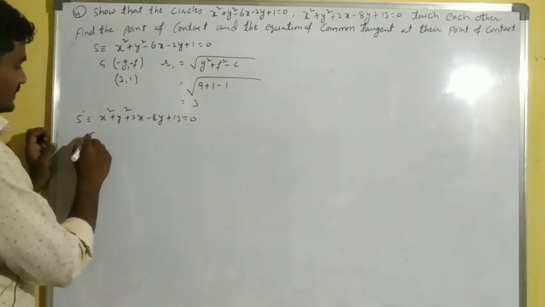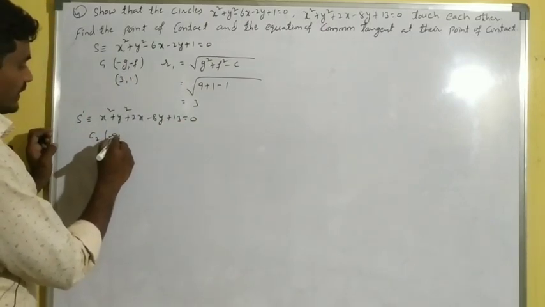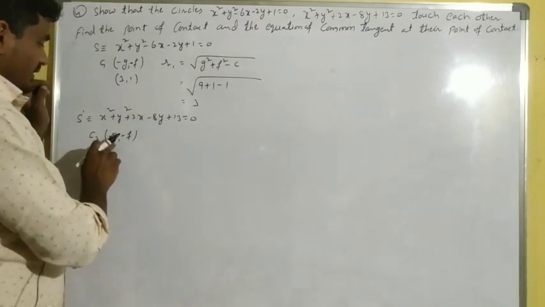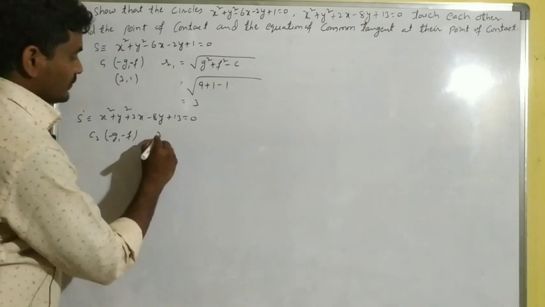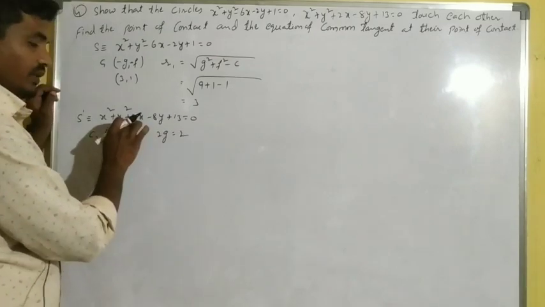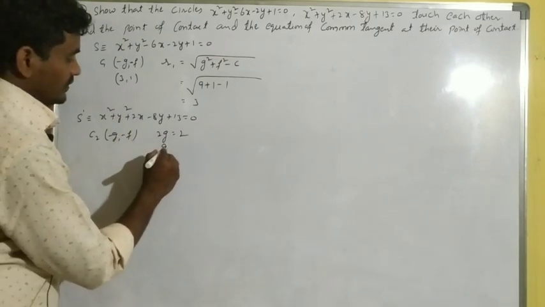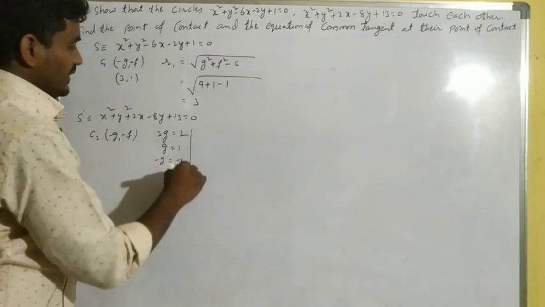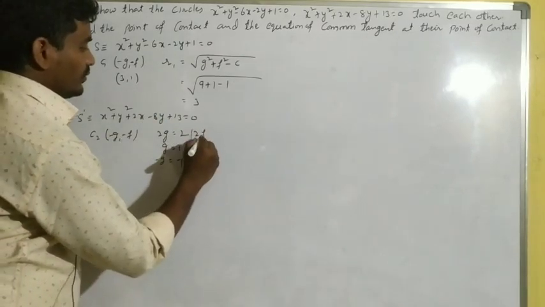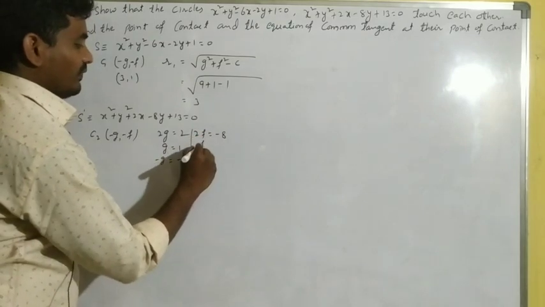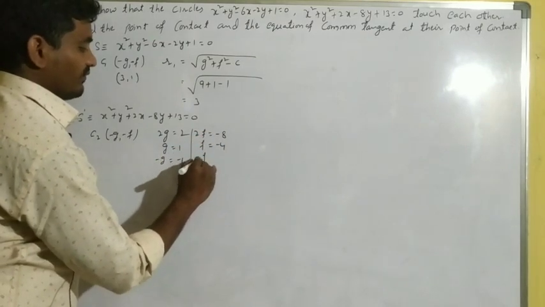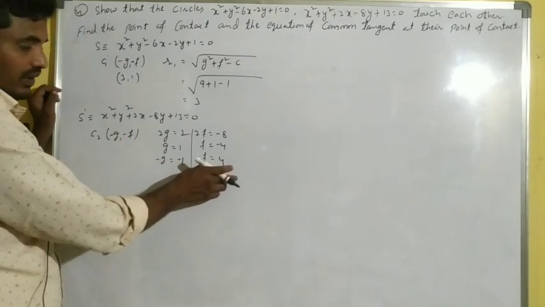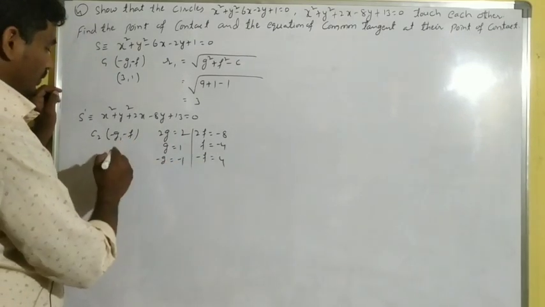Here C2 is minus g comma minus f. 2g equals 2, g equals 1, minus g equals minus 1. Similarly, 2f equals minus 8, f equals minus 4, minus f equals plus 4. So finally minus g comma minus f equals minus 1 comma 4.